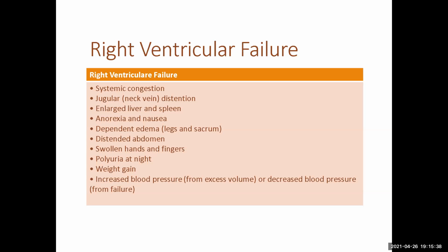So that's where you're getting systemic congestion, the jugular vein distension, the enlarged liver. He's not feeling hungry. He's got the dependent edema in his legs. And here you're getting polyuria at night. So once his body relaxes and he's laying flat, he is having to get up and down to go to the bathroom. The weight gain, increased blood pressure.